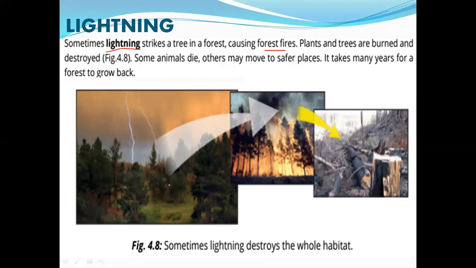If they are able to survive, they can migrate to other places as well. But these forests take many years to regrow. Sometimes it is impossible. You can see the effects after the fire. Forests can be like this.